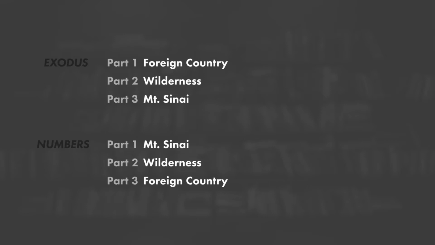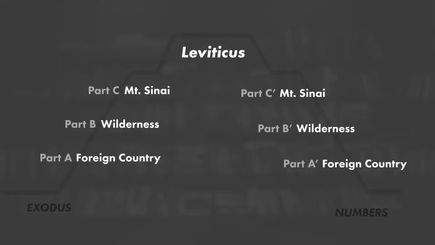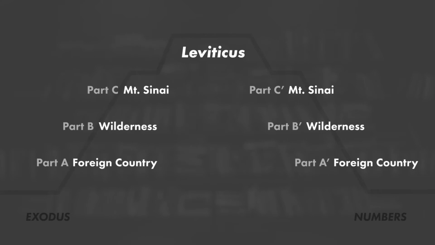Why is that? Well, this is to focus our attention on the central, focal book of the first 5 books of the Bible, Leviticus. Now, that's not normally what we think, but that's how the author designed it.